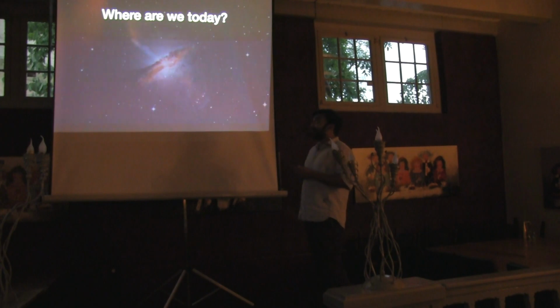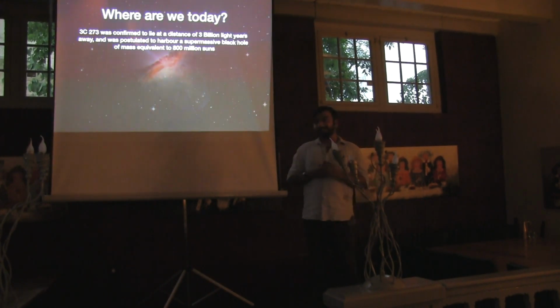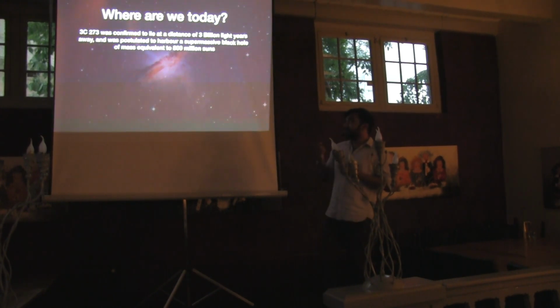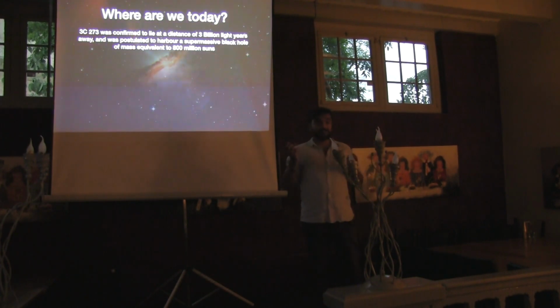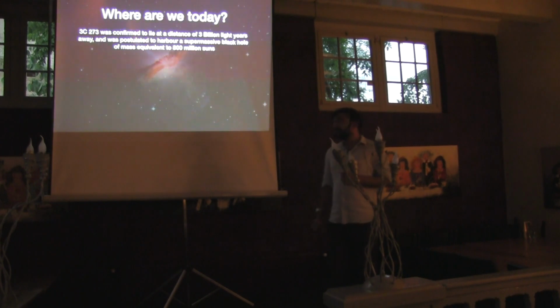But thankfully, from the radio astronomy point of view, we made tons of progress over the past 40, 50 years. So going back to 3C273, it was confirmed to lie at a very, very large distance from us. And it was also confirmed to have a black hole which is 800 million times more massive than our own sun to actually power this.